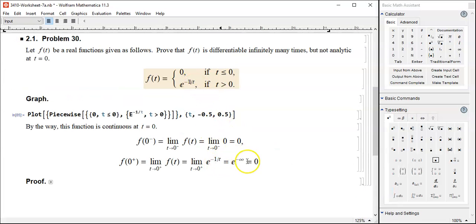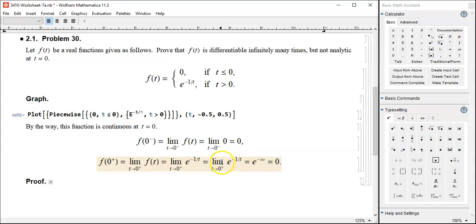So this is, let's see, maybe one more step. This can be written as e to the negative of 0 plus. So 1 over 0 is either plus or minus infinity depending upon the sign. This plus sign and this minus.